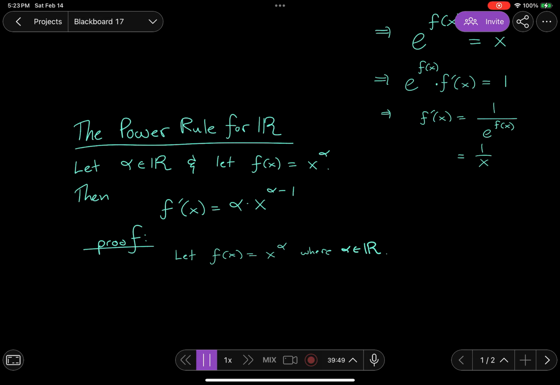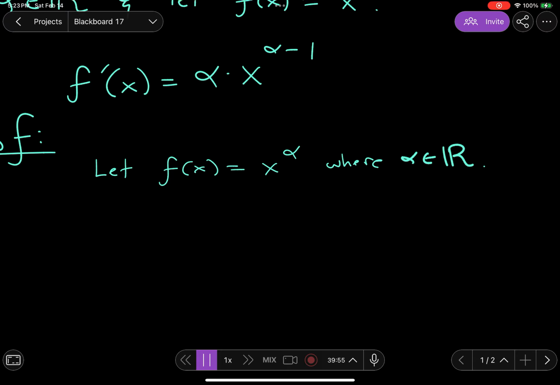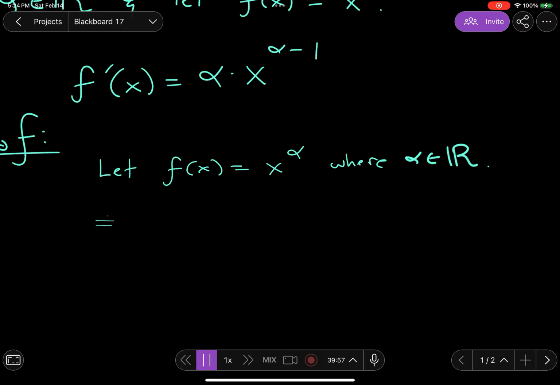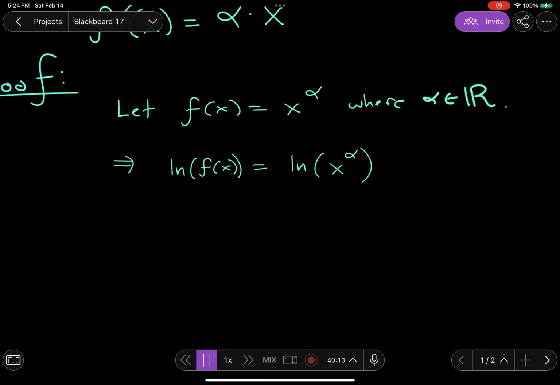Well, what I'm going to do is take the natural log of both sides. Honestly, I'm kind of winging it. I haven't done this proof in a while, but this seems promising. Something I'm noticing is I can all of a sudden use a log rule.